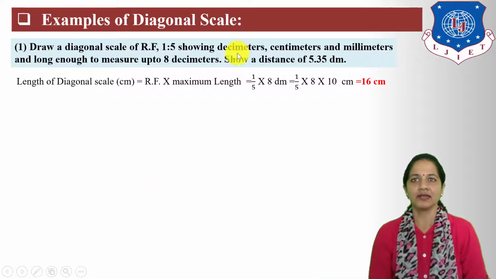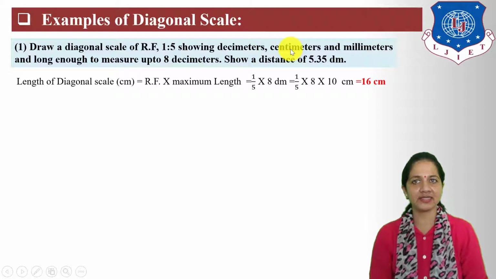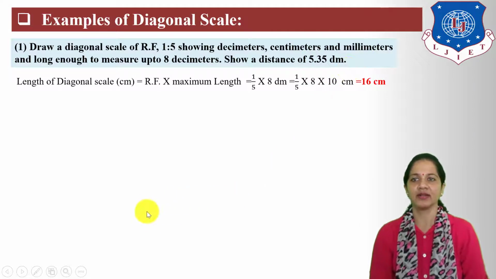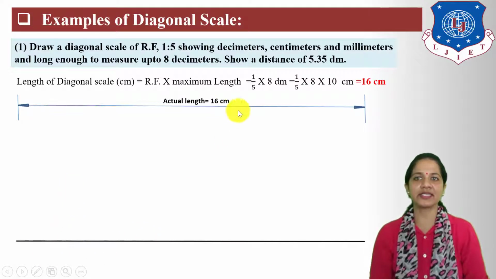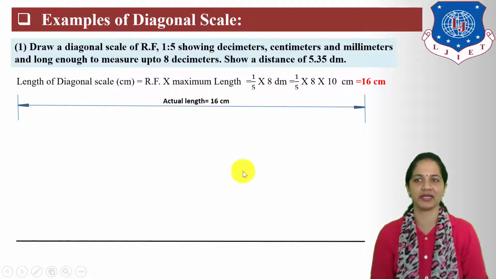Here, bigger unit is decimeter. Next, smaller is centimeter and next smaller unit is millimeter. First draw 16 centimeter line which indicates maximum 8 decimeter.